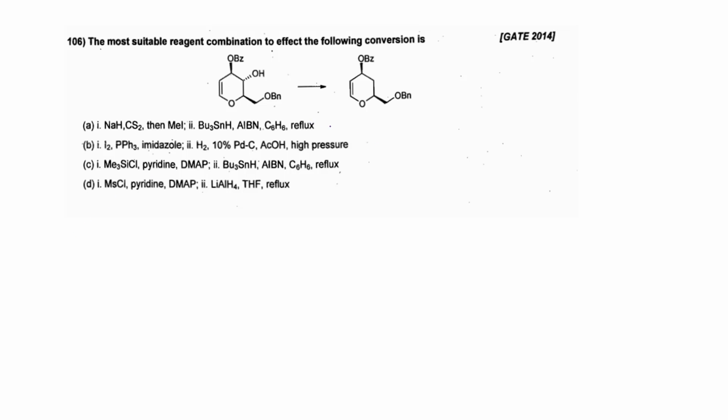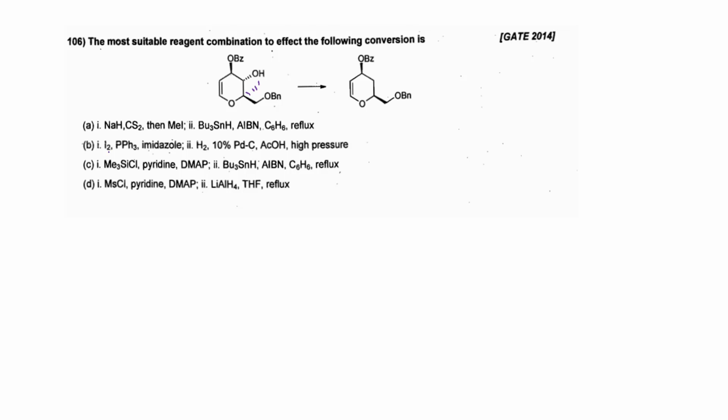So in the first one, what will happen? This will be an ester, thioester, and there is a below H. It will be eliminated and create a double bond here. And through Bu3SnH, this double bond can be reduced.